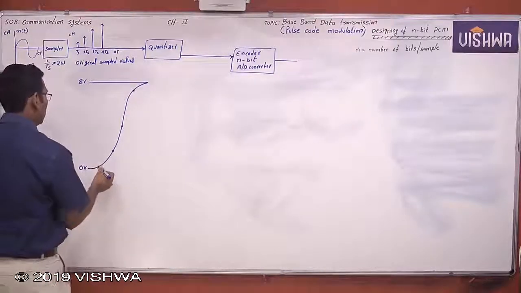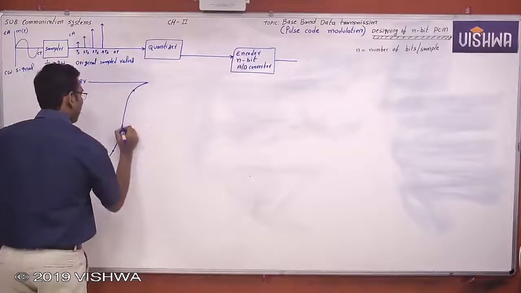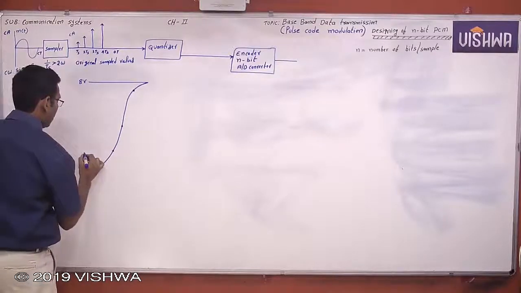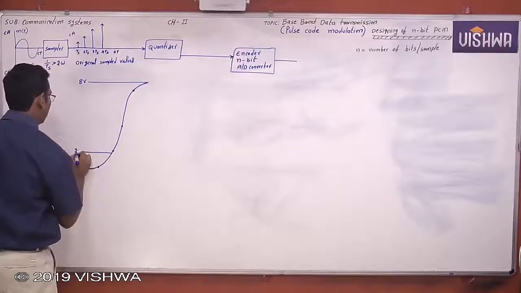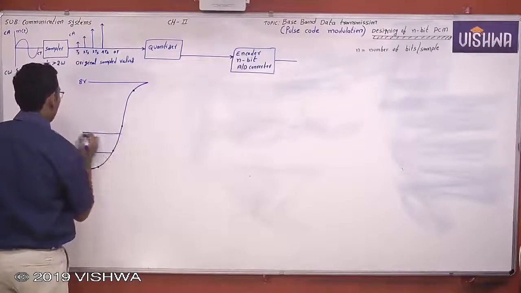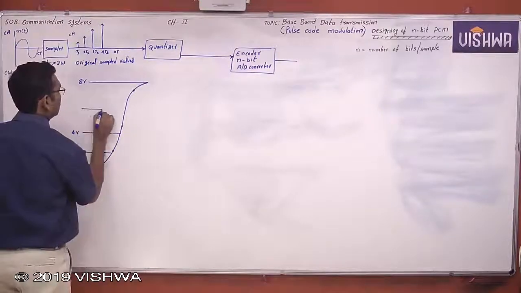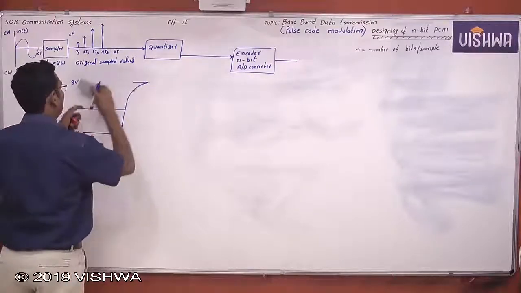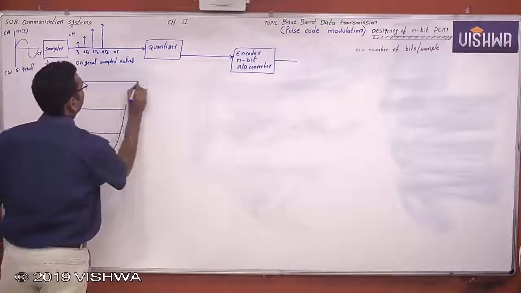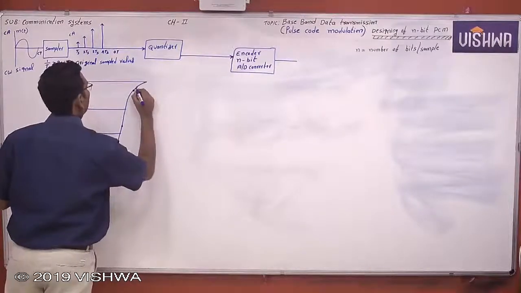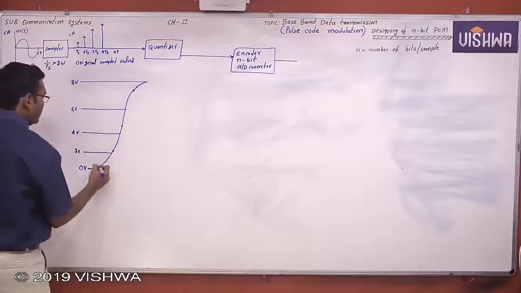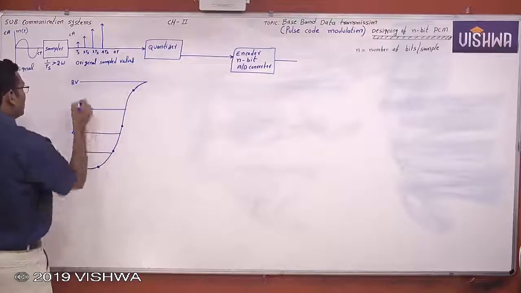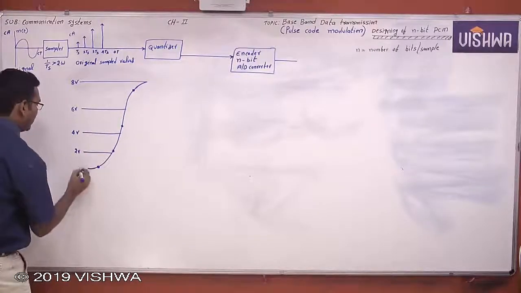Okay, now for identifying these sample values, I take the amplitude scale. Now this is 2 volts, 4 volts, 6 volts and 8 volts. Okay, this is the signal scale, the original information signal amplitude.